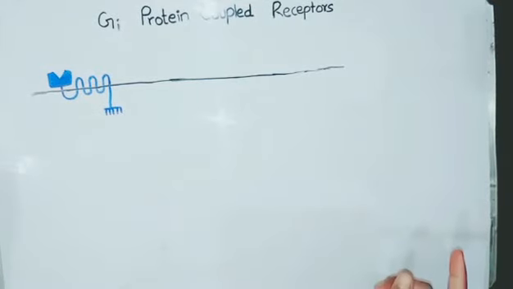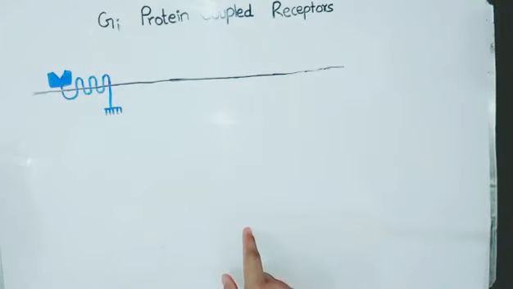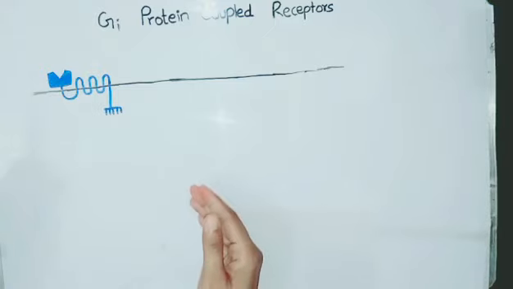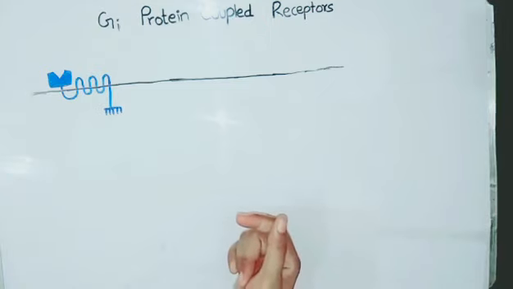Now after talking about G stimulatory protein, we talk about G inhibitory protein, which has almost the same mechanism, but it results in the inhibition of adenylyl cyclase, and hence the cAMP levels in the cell decrease.